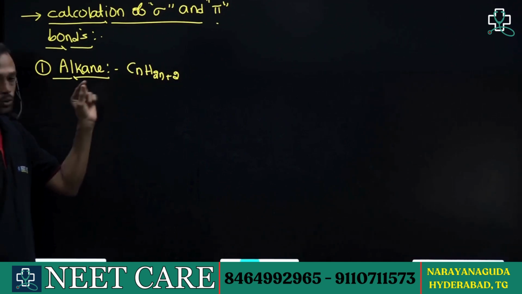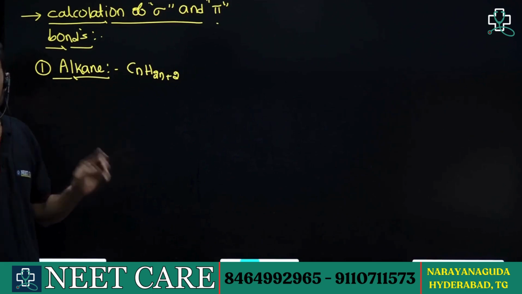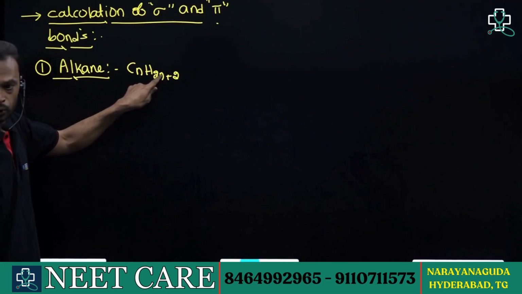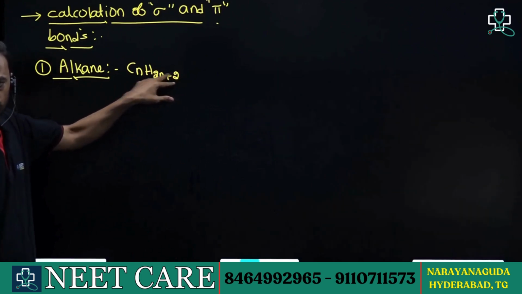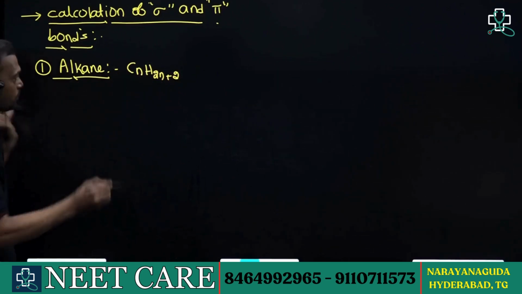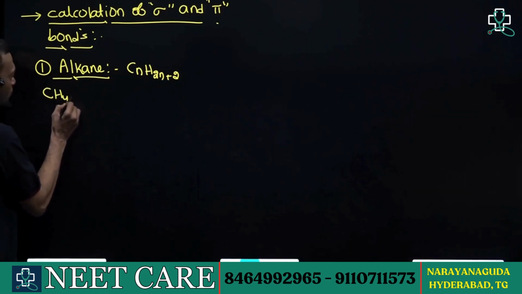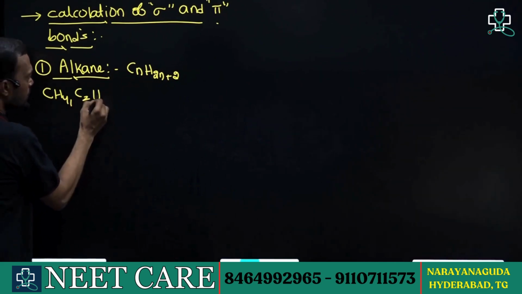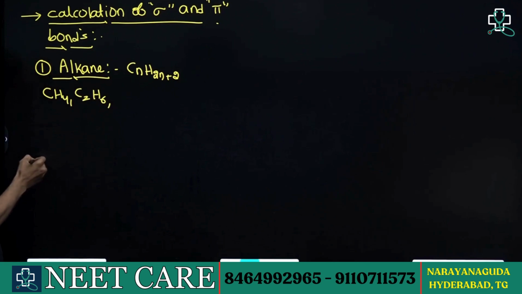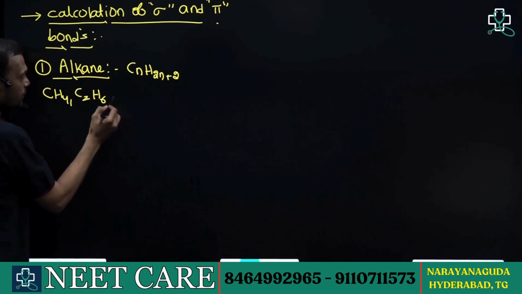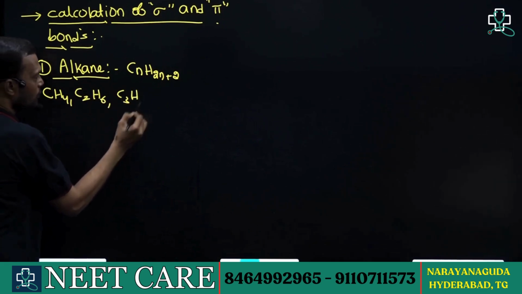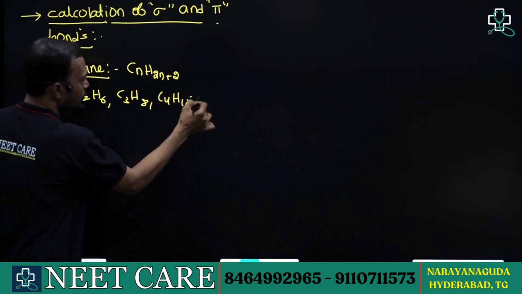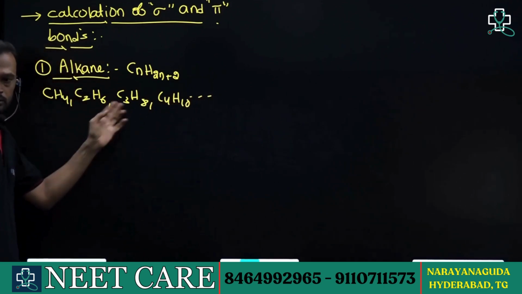If I substitute n equal to 1, that is 1 carbon, then 2 into 1 is 2, plus 2, total 4, so CH4. If I substitute 2 here, the formula is C2H6, since 2 into 2 is 4, plus 2. Then C3H8, then C4H10. Like that you keep on getting hydrocarbons.